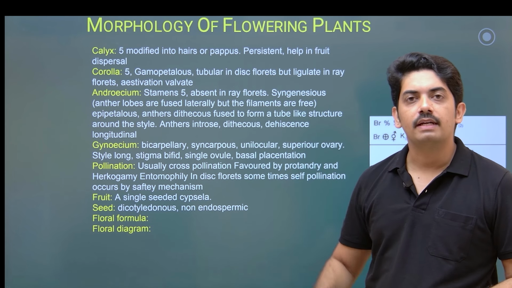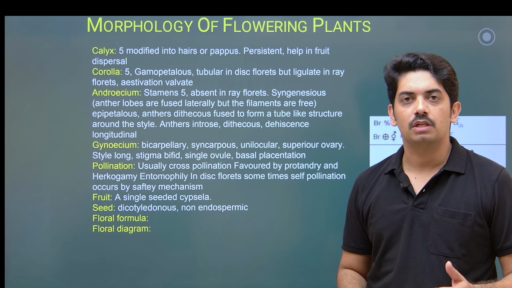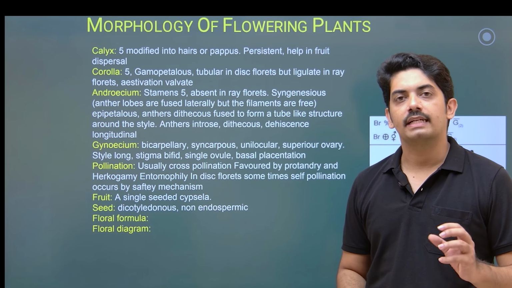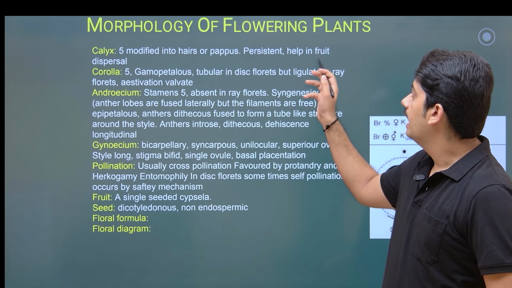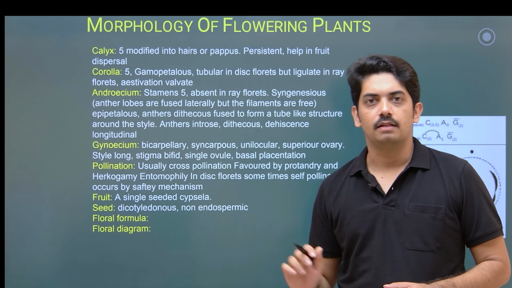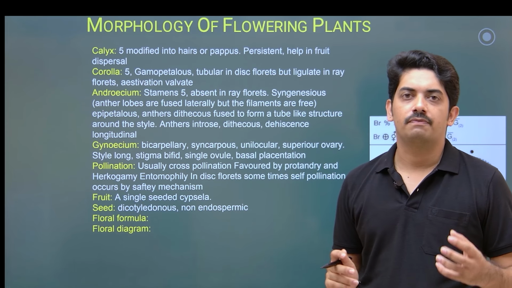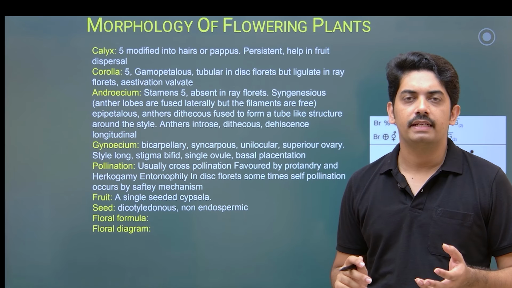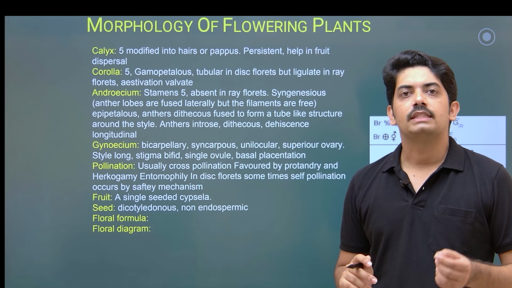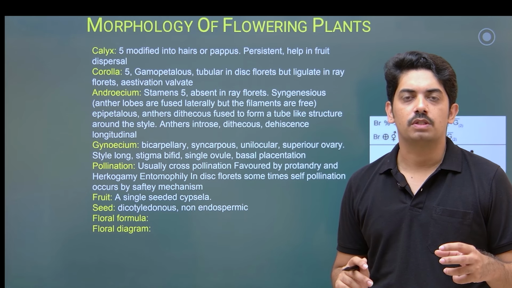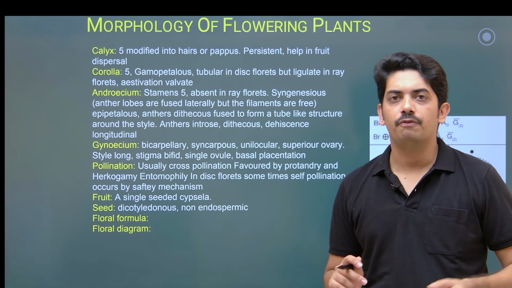Persistent, that means even after fertilization, when seeds are produced, you observe this pappus connected with the seeds. Helps in fruit dispersal. In the sense, here fruits are not fleshy, they are lightweight and small. This pappus-like structure acts as a parachute and helps in dispersal of seeds.